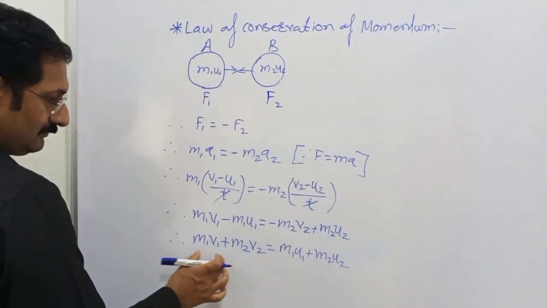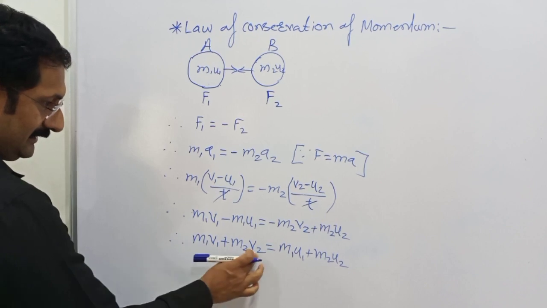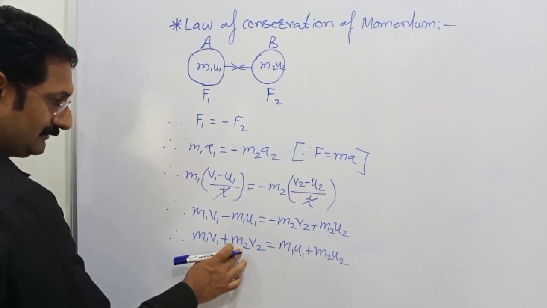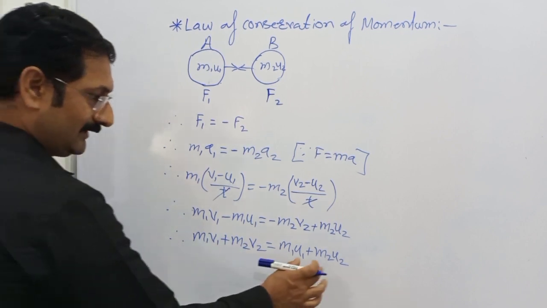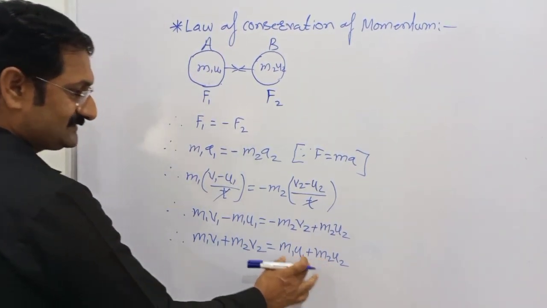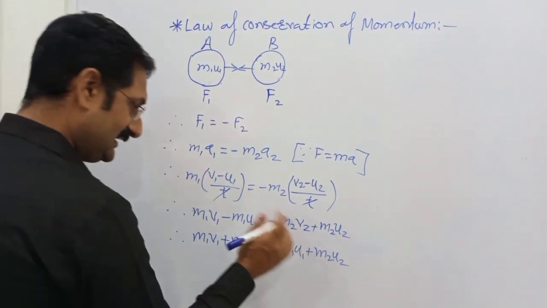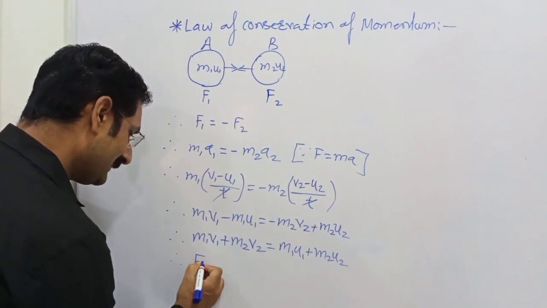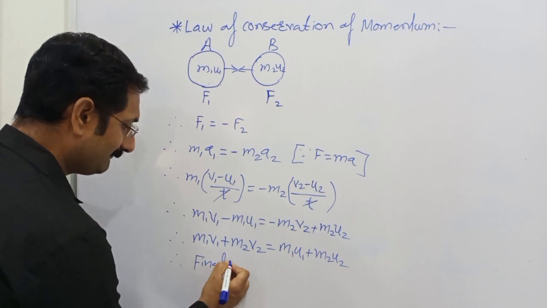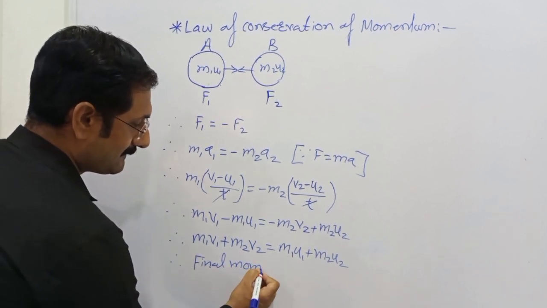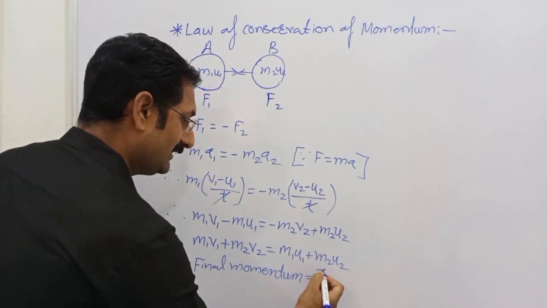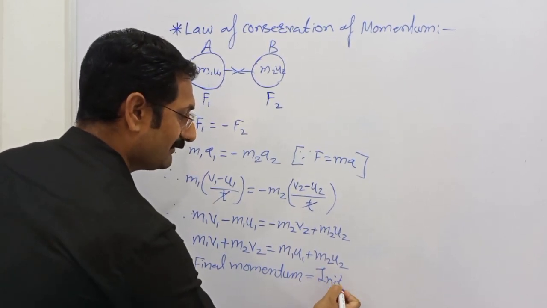Friends, we all know that v is the final velocity, and along with mass it is the final momentum, and u is the initial velocity, and along with mass m it is the initial momentum. So from this equation it is clear that final momentum is equal to initial momentum.